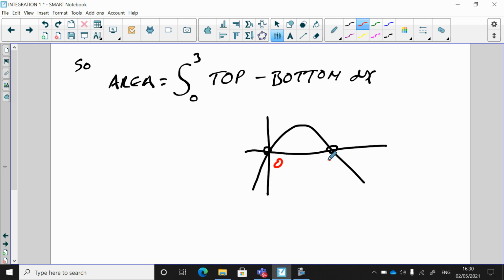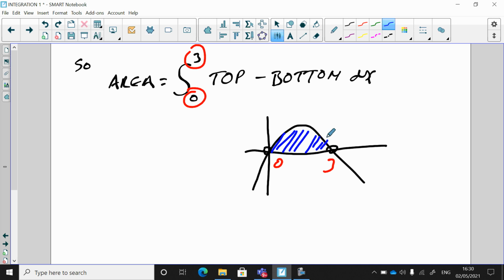That was 0 and that was 3. That's where these values are coming from, and we're trying to work out that area there. So that's where the 0 and 3 are coming from.